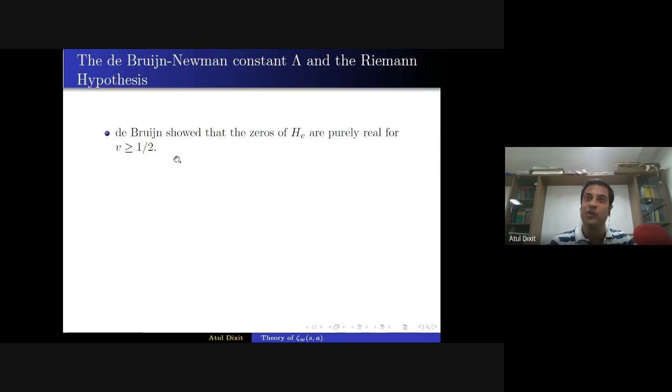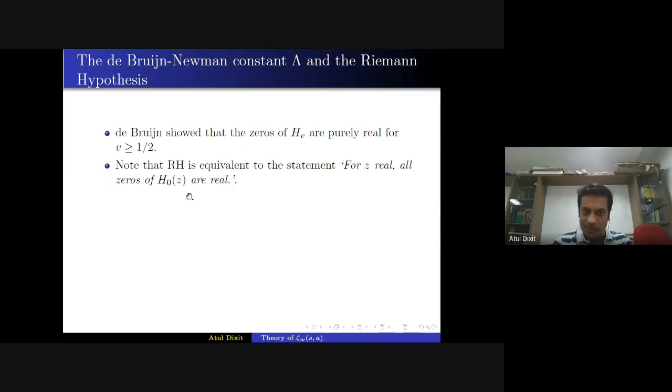So this was quite close, but not quite, if you want to say from another perspective. De Bruijn showed that zeros of h sub v are purely real for v greater than or equal to 1/2. As I said, RH is equivalent to the fact that for z real, all zeros of h0 of z are real.